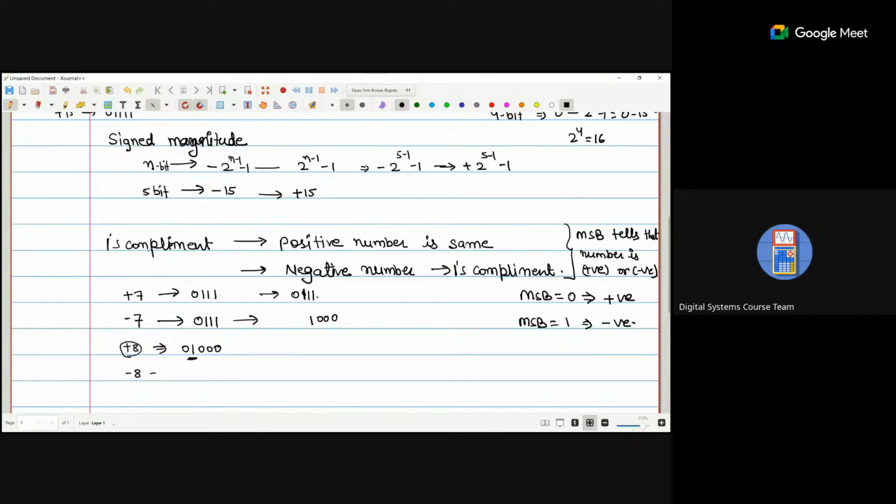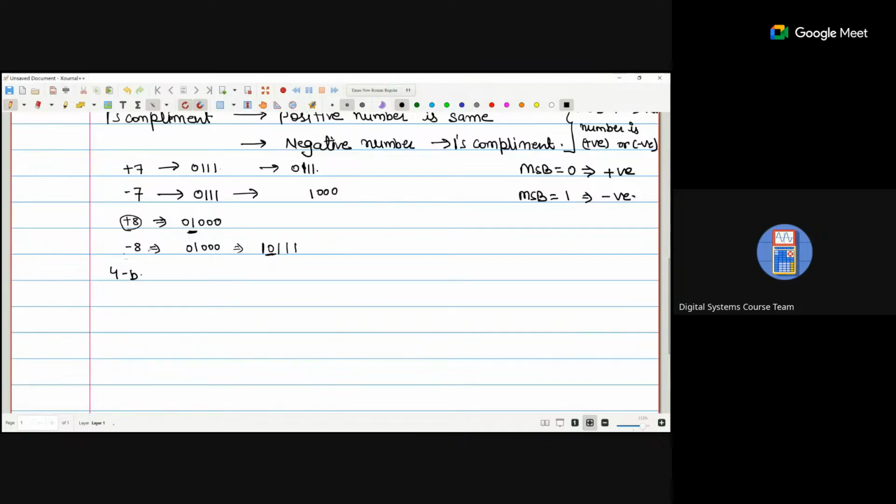Similarly, if minus 8 is defined, it is 1000. Taking the one's complement gives 0111, but the 0 says positive and this number is negative, so I apply one more bit, which gives 10111. With 4 bits, the range that I can define is minus 7 to plus 7, that is minus of 2 raised to power n minus 1 minus 1 to 2 raised to power n minus 1 minus 1.